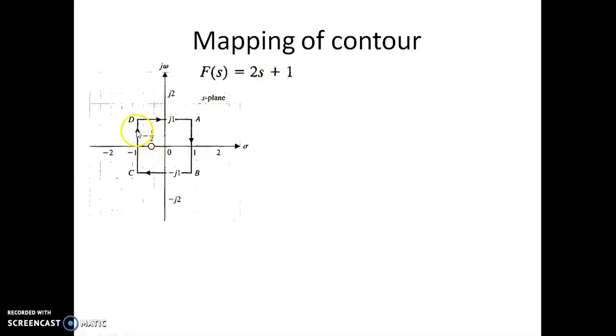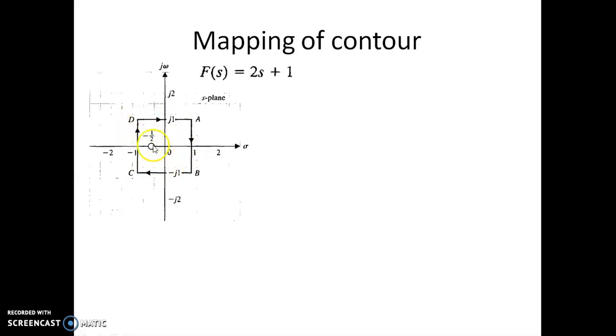And you can see we have drawn a contour which is just enclosing this zero. So there is a zero of F(s) in the s-plane placed at minus half, and we have drawn a contour which is enclosing this zero. What do we mean by enclosure? When I move along the path of this square box, this zero should be on the right hand side.